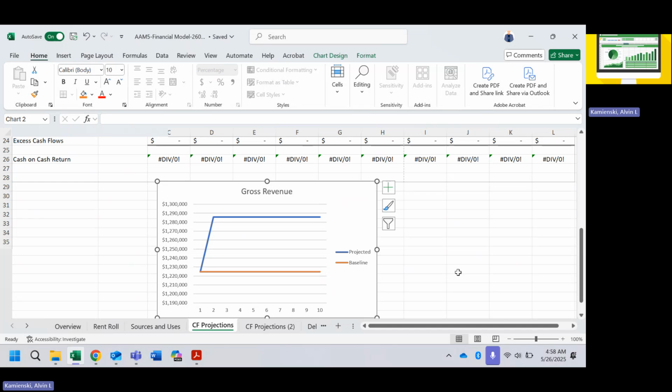Go back to your rent roll, where you changed it to 5%. The numbers went up over here, but they didn't filter over here, which tells me that we made them values. So when we come here to chart design, select data, projected, the projected is coming off of cash flow projections. That's also looking at cash flow projections.